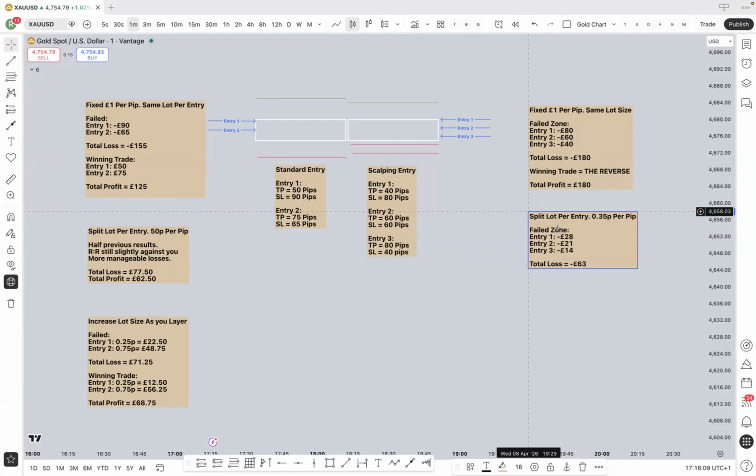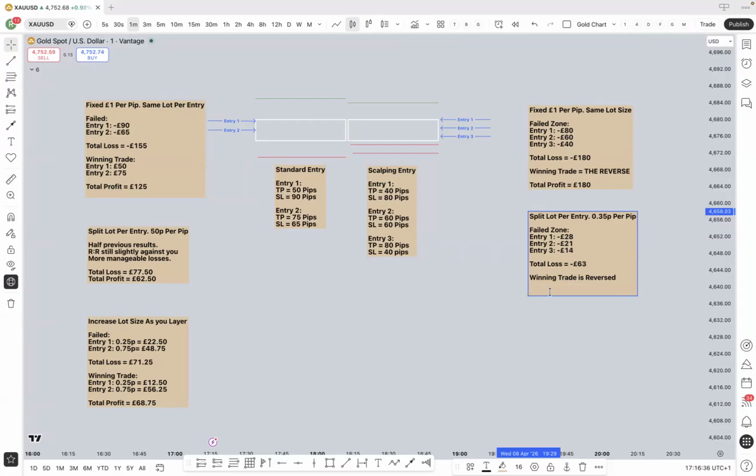Again, like I just said, if you was to reverse this, okay, it's just exactly the same, but in the other order. So a winning trade is reversed. So entry 1 would give you a £14 profit. Entry 2 stays at 21, and entry 3 would give you a £28 win.